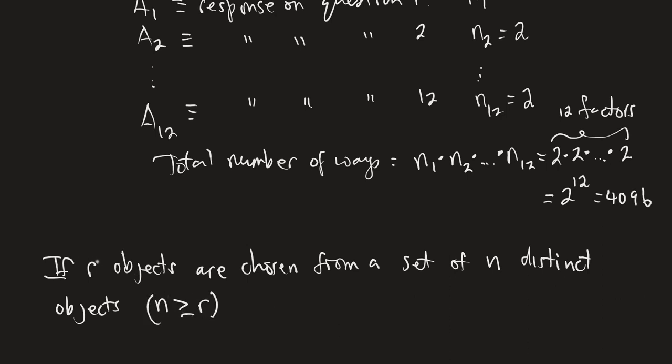So you're choosing r objects out of n objects, and then we're going to define what a permutation is.